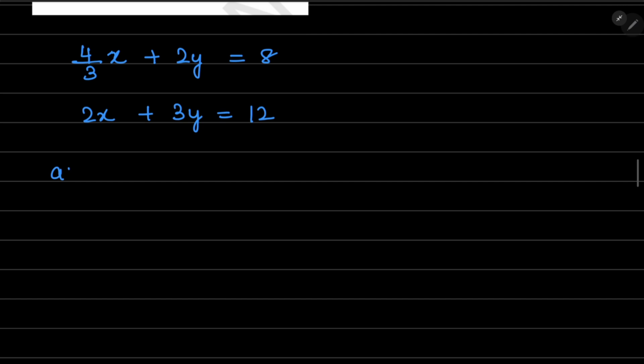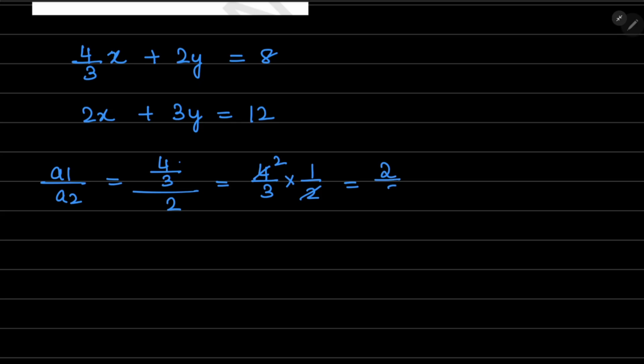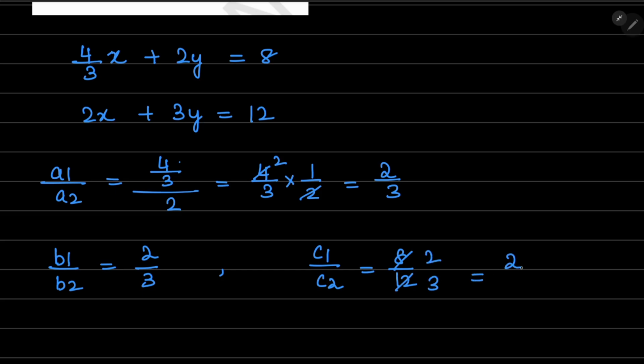Let's take the ratios. a1 by a2 is equal to 4 by 3 whole divided by 2, which is nothing but 4 by 3 multiplied by 1 by 2. So you can cancel, which gives 2 by 3. What's your b1 by b2 ratio? Again 2 by 3. What's your c1 by c2? It's nothing but 8 by 12. 4 2s are 8, 4 3s are 12, so this is also 2 by 3.